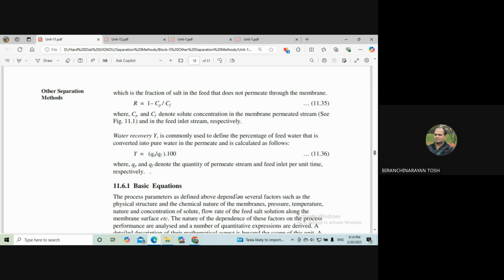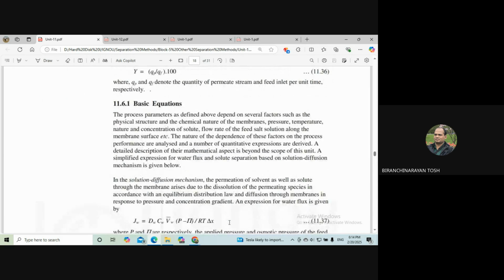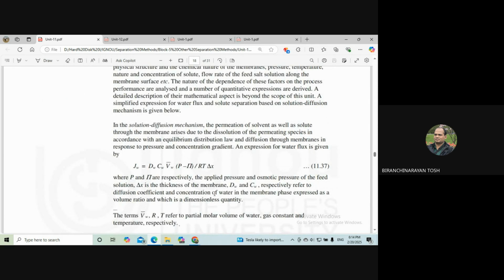Then the same basic equations we have derived for osmosis apply to reverse osmosis. You have to apply more pressure than the osmotic pressure. So P is the applied pressure.